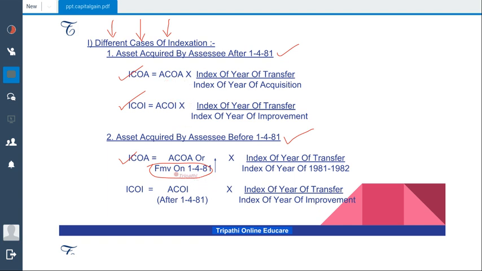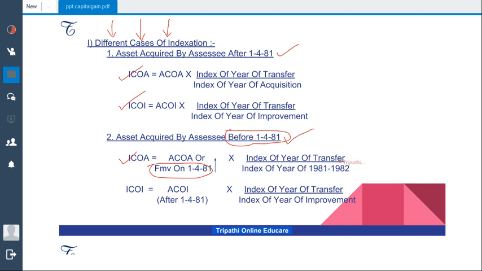Now why are we taking this fair market value as on 1981 in this situation? Because you are buying this asset before 1981. There is one section, 55(2)(b). It says if you buy an asset before 1981, you will have to compare the actual cost of acquisition with the fair market value as on 1981 and take the higher. So that is what you will have to apply in the formula.